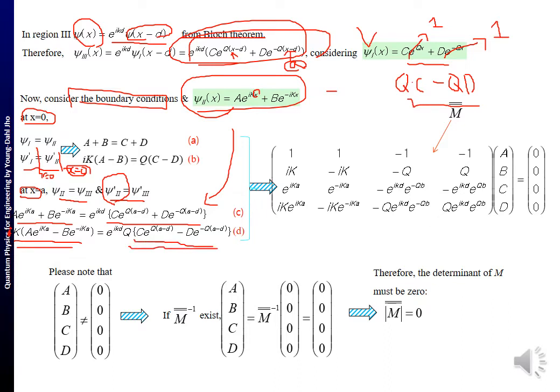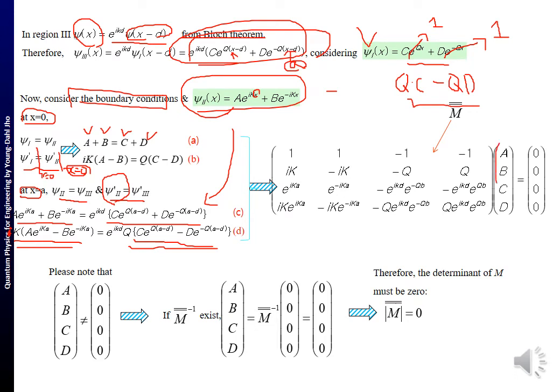So from the boundary conditions, we have 4 different equations. Actually, we have at least 4 parameters to decide, and because there are 4 different equations, we'd better use a matrix equation now.